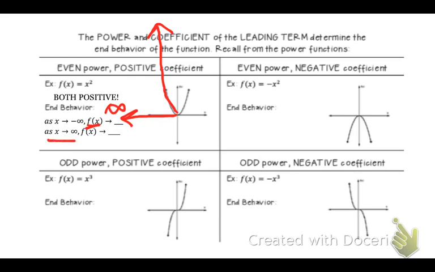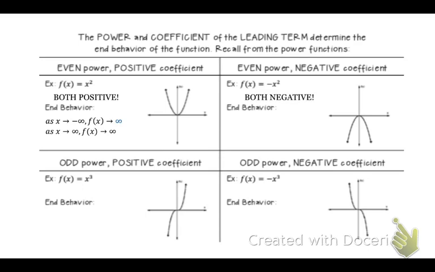This part says as x goes to infinity, so as we go this way, my f of x, my y values there, are also going towards infinity, so that is infinity. Whenever both your ends are positive, you will always get infinity and infinity. Those two spaces are the only things that will ever change. The rest of it stays the same.